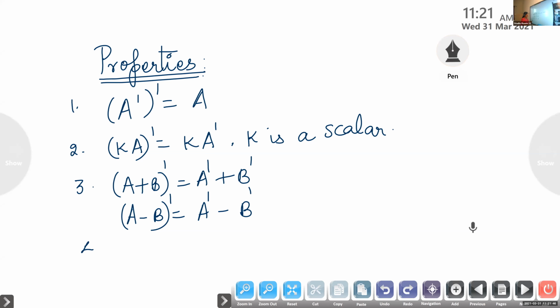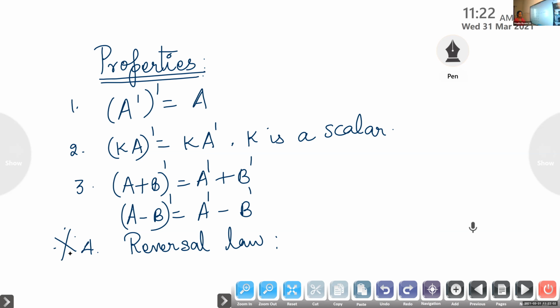Now the fourth one, we call this the reversal law of transpose. It's again a very important law.